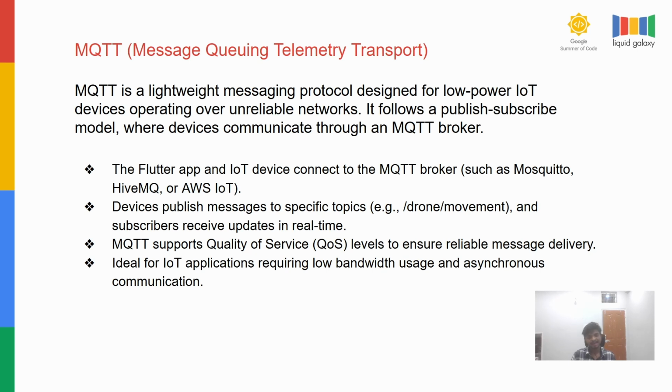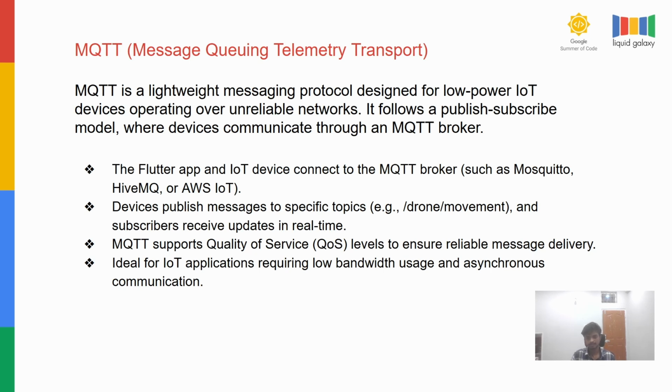The Flutter app and the IoT device connect to an MQTT broker such as Mosquitto, HiveMQ, or AWS IoT. Devices publish messages to specific topics, for example /drone/movement, and subscribers receive updates in real time. So this protocol is really helpful for transferring data in real time.